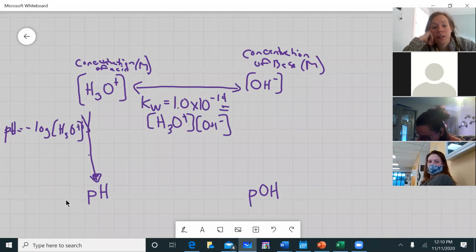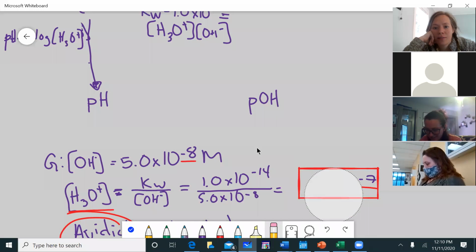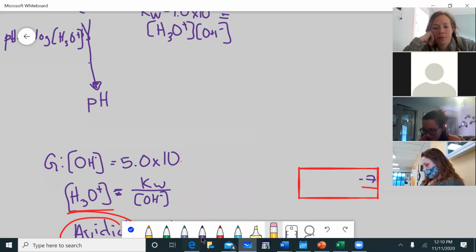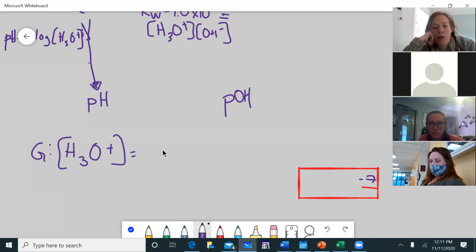Let's try one. You definitely need a calculator that has log. I don't want you doing logs in your head. No logs in your head. So let's say that we're given an H3O plus concentration of 1.8 times 10 to the negative 4.